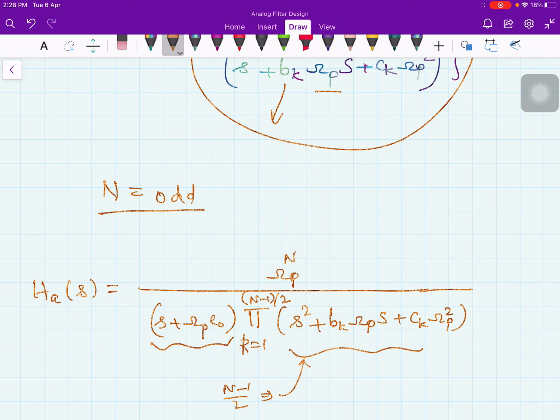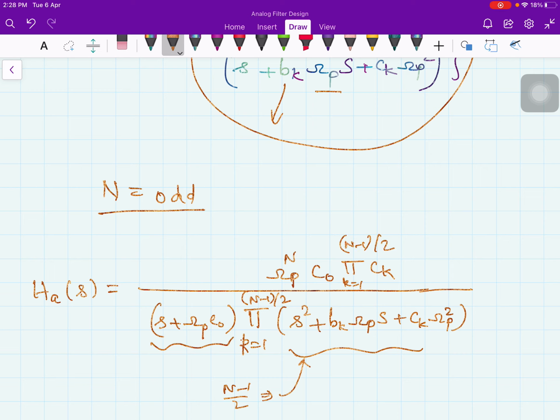So in the numerator I have omega p to the power n, and then c naught, and then the continued product of ck, k equal to 1 to n minus 1 divided by 2.